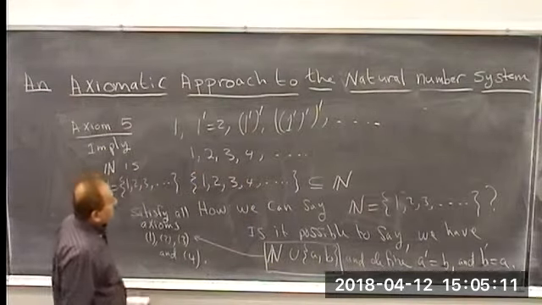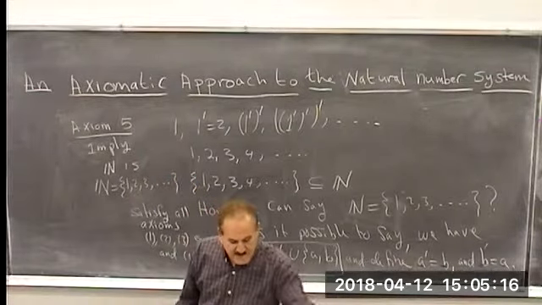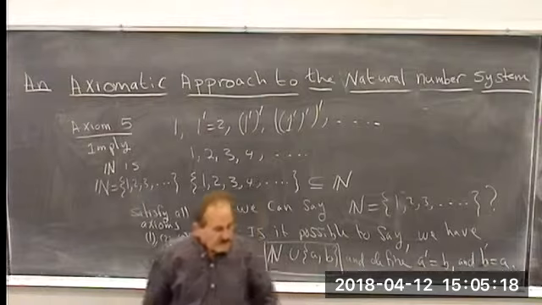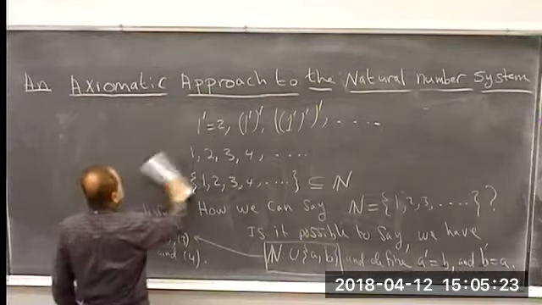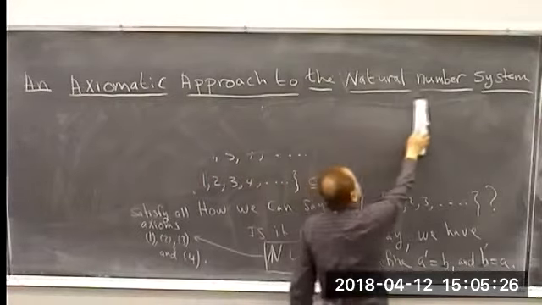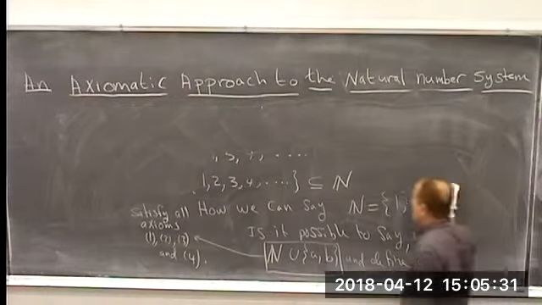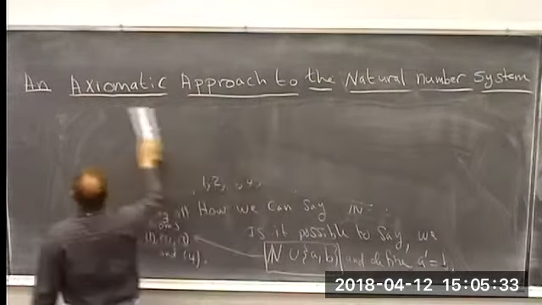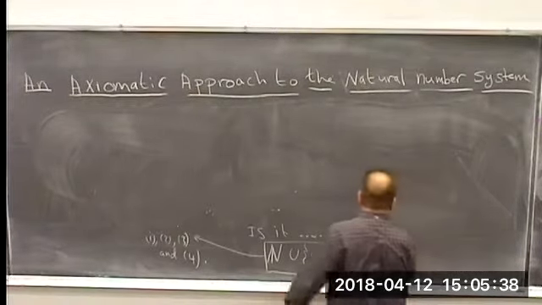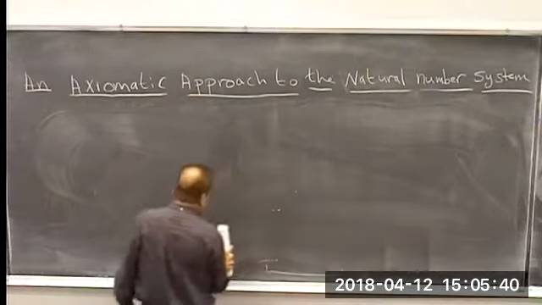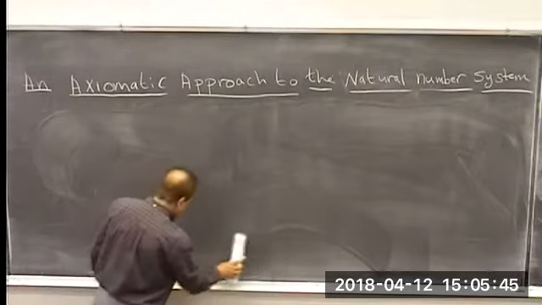Our next objective is actually to define addition and multiplication on the set of natural numbers. But before we do this, we need a lemma to justify the way we define addition as well as multiplication.